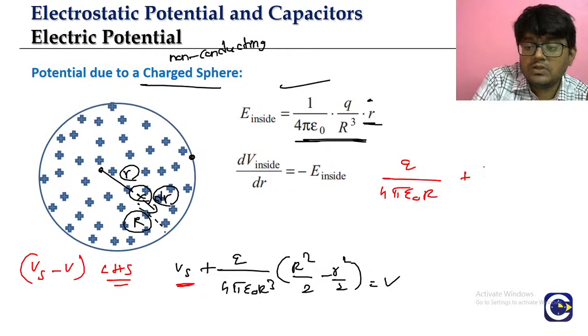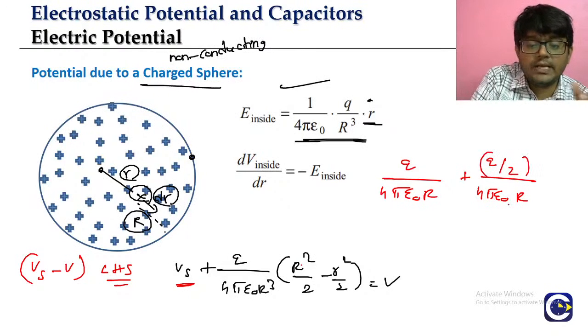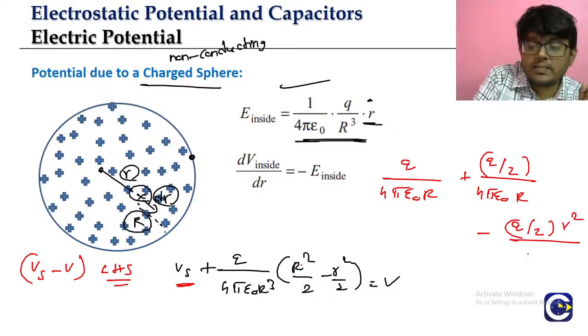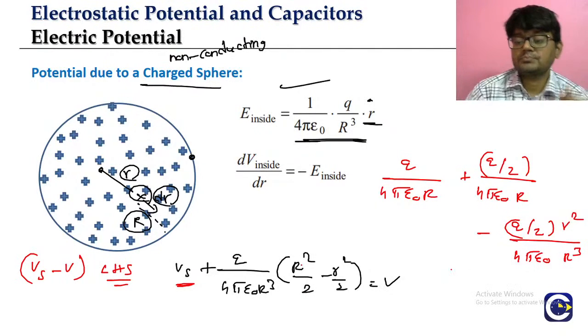On opening, q by 4 pi epsilon naught R square over R cube, where one R gets cancelled, so we can say q by 2, and minus q by 2 small r square over 4 pi epsilon naught into capital R cube.